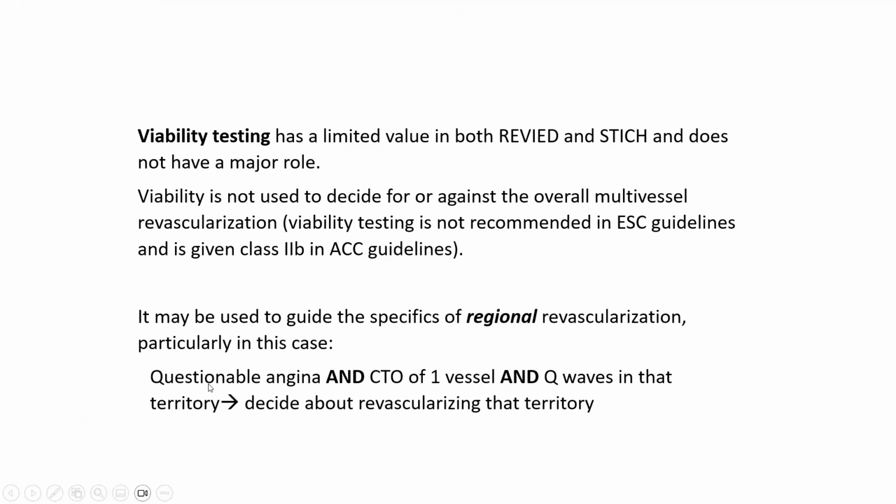For example, you have a patient with questionable angina, no clear exertional angina. He's having some dyspnea, but that could be his heart failure. Dyspnea is not specific. You want chest pain out of proportion to heart failure with exertion to call it angina, to qualify for revascularization. So take a patient who has questionable angina and CTO of one vessel and Q waves in that territory.